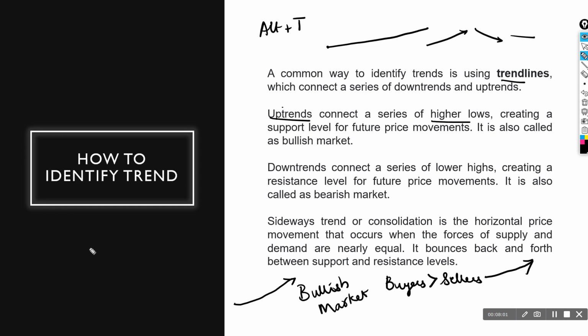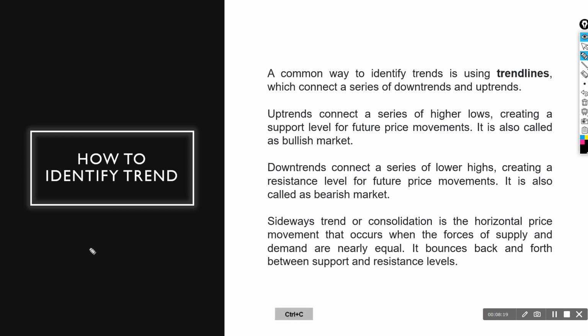I repeat, a support level is a level wherein it will hold, it will prevent the stock from moving down, and this will act like a backbone, a support for the market to move next. I hope it was clear. I will help you understand it more clearly. Let's check it out.